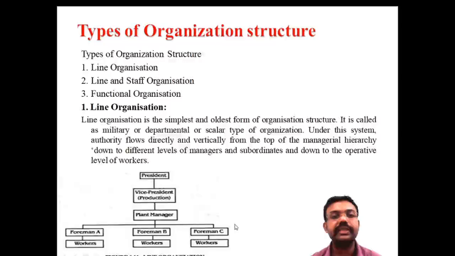This arrangement is known as line authority, and this type of organization is known as the line organization. There is a simple line of communication from top to bottom. That's the first category of organization structure.